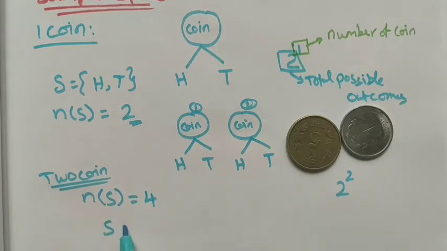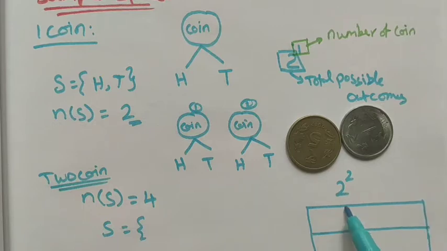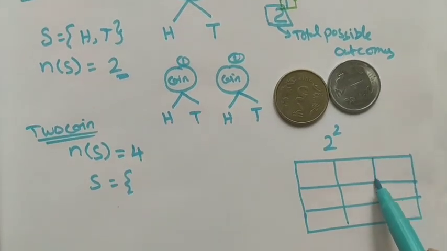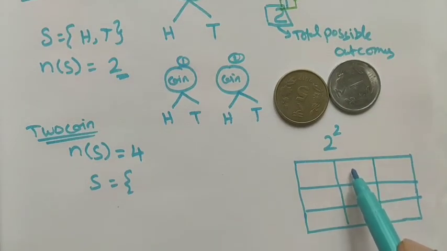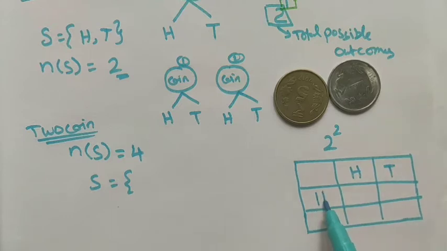Now we want to know how to write the sample space for this. Here I use one small idea to write the sample space very easily. Here I am going to draw a box. For the first coin, head, tail, and then for the second coin we have head and tail.